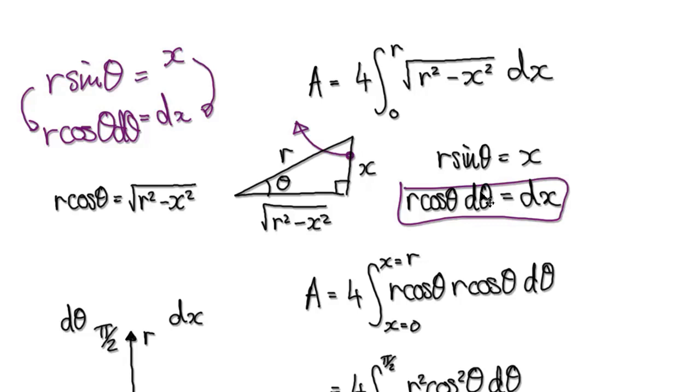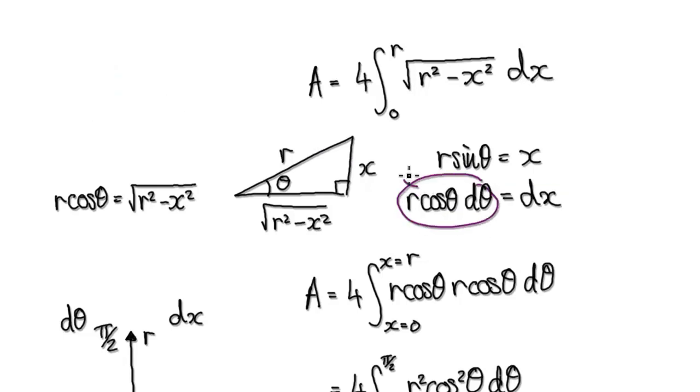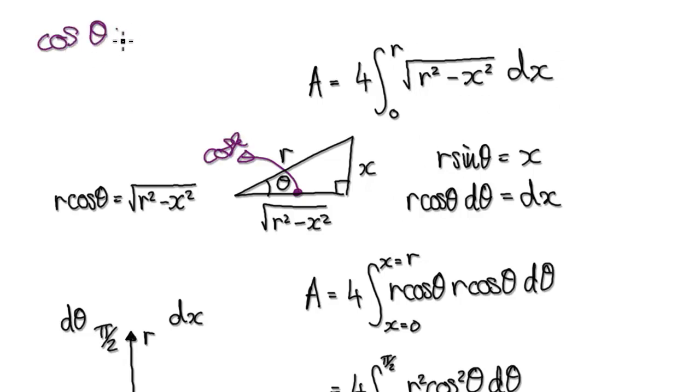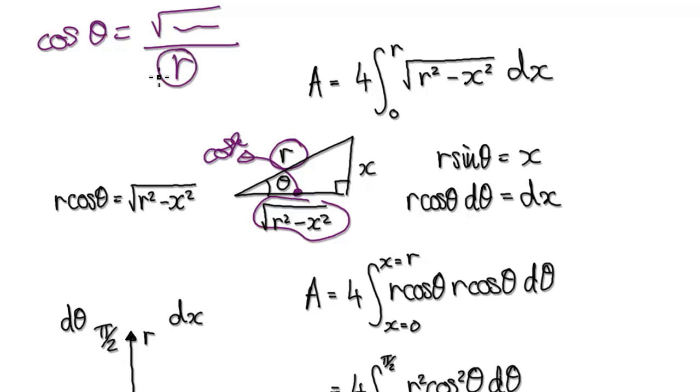Okay, so now we can put this into the dx, and then looking at this complicated thing, well, if you look at this, cos theta equals this complicated thing, the square root, over r. Times both sides by r.